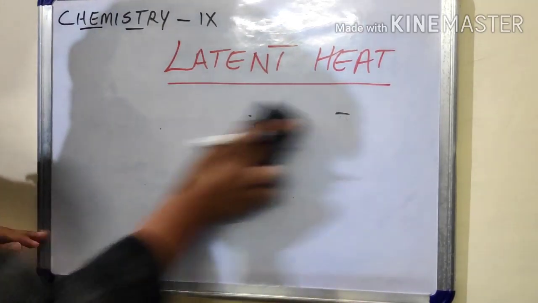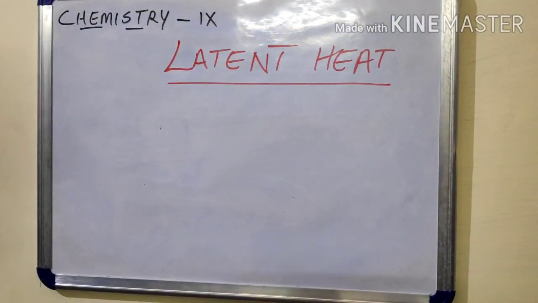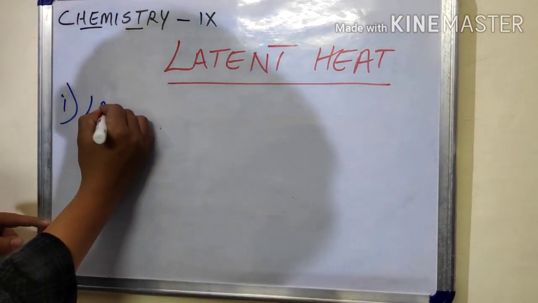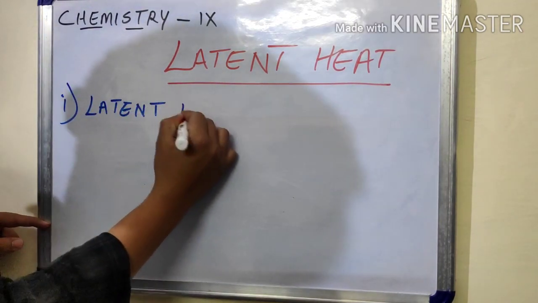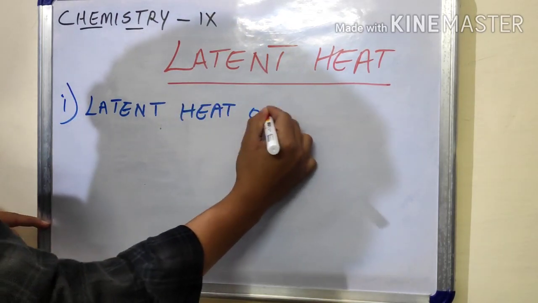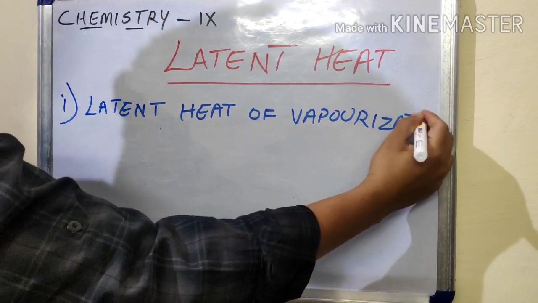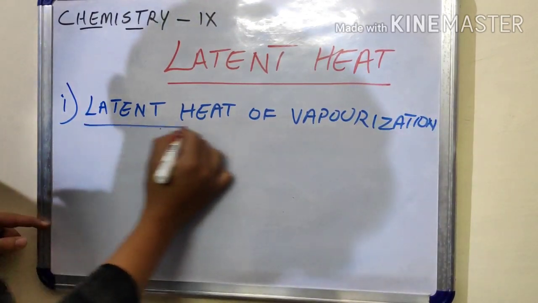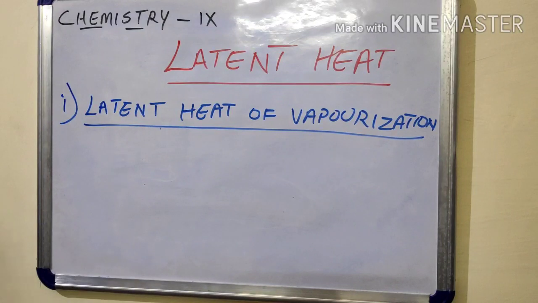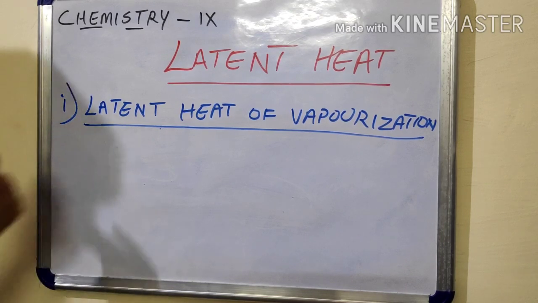The first one is latent heat of vaporization, when liquid is being converted to gas. You can write down the heading and now write down the definition. Write this down first.